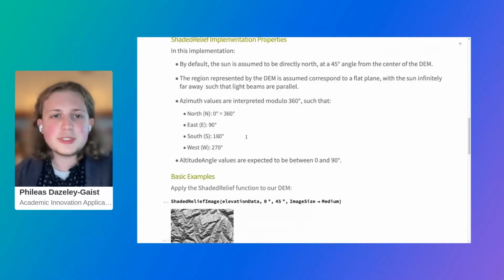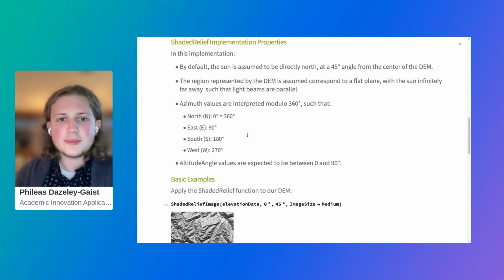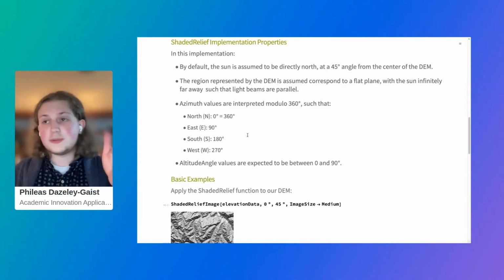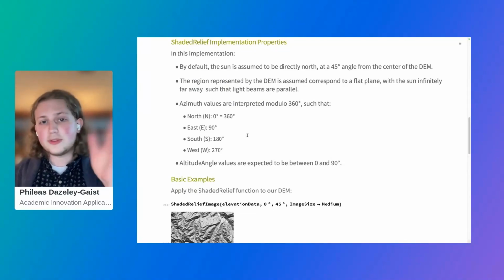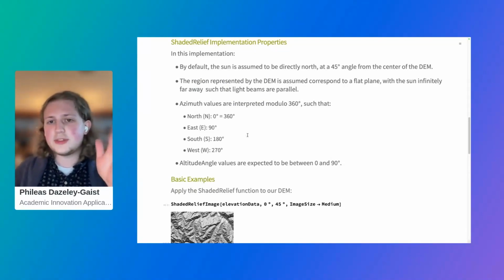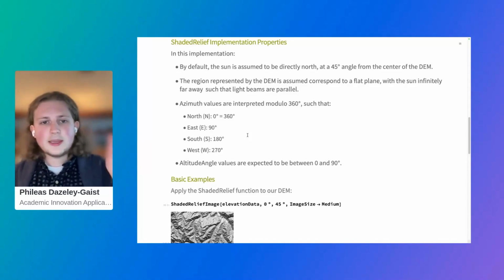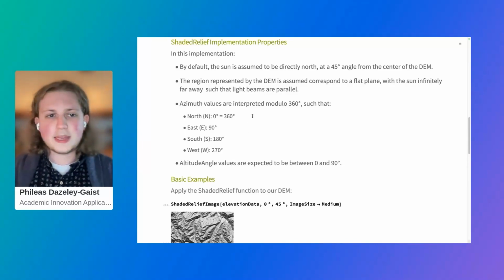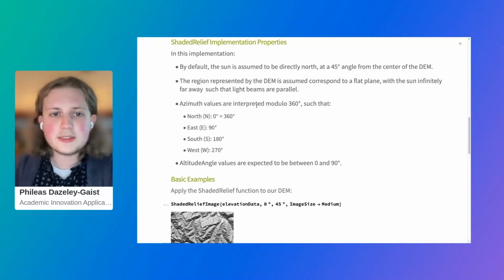There are a few assumptions that this makes. By default, the sun is directly north at a 45-degree angle from the center of the digital elevation model. The digital elevation model is assumed to be a flat plane, like I mentioned, with the sun infinitely far away and light beams parallel.